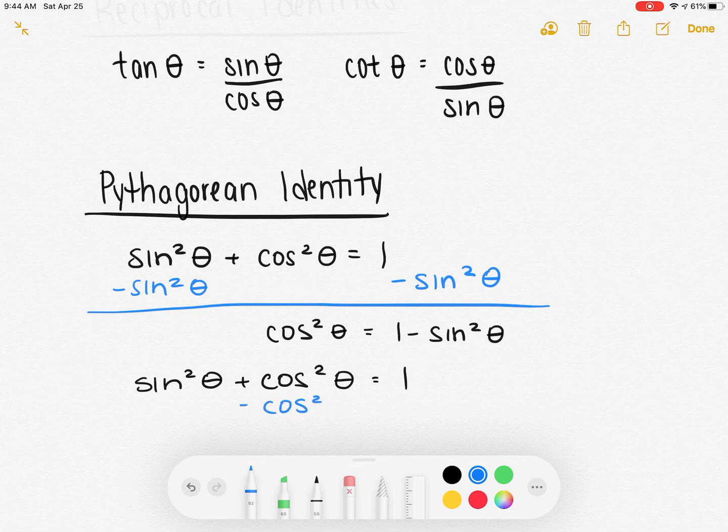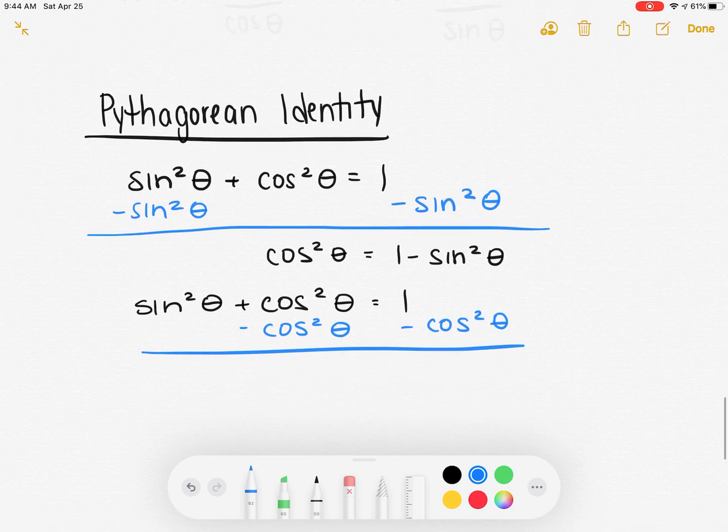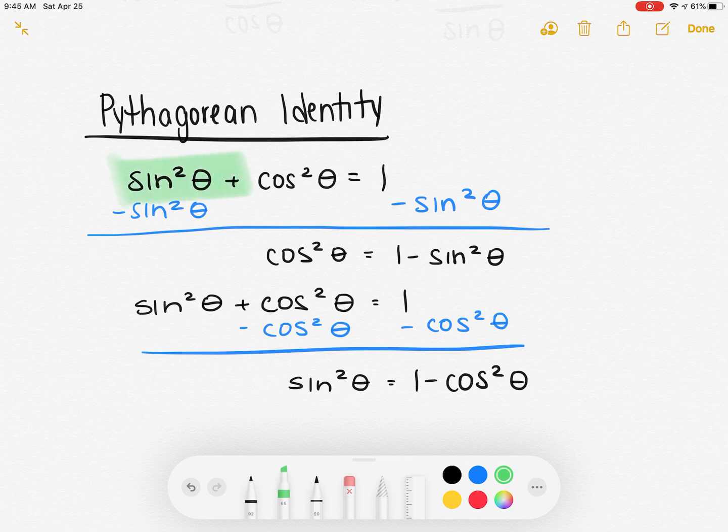I would just subtract cosine squared from both sides, which would give me sine squared theta equals 1 minus cosine squared theta. So I can use any version of this Pythagorean identity in order to simplify the problems.